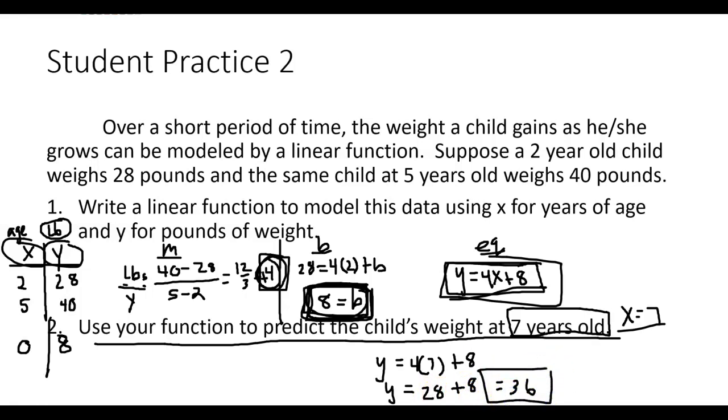So the child would technically be 36 pounds at age 7 if this equation was to truly represent the child. Now, another way you guys could do this is if you know the child's weight starts at 8 pounds and every year he puts on 4 pounds, well, 7 years, 7 times 4 is 28, plus the starting weight of 8 gives you 36. So you can just kind of do it intellectually that way as well.